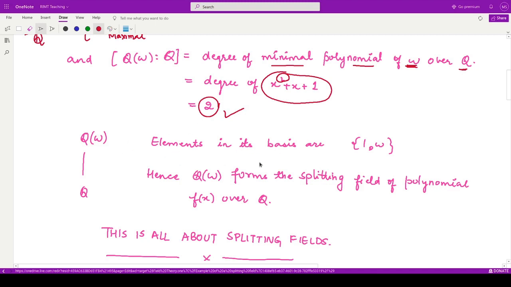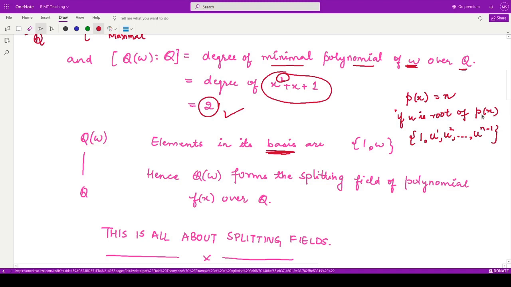Next we have to find what are the elements which are present in its basis. For that we have a result that says if you have some polynomial p(x) having degree n, and if u is a root of this polynomial p(x), then we have the elements in the basis as 1, u raised to power 1, u raised to power 2, up to u raised to power n minus 1.